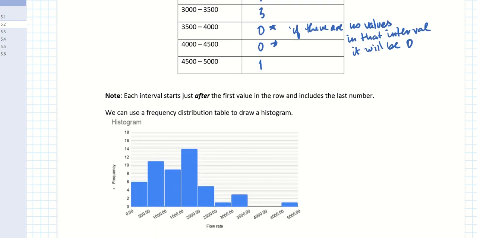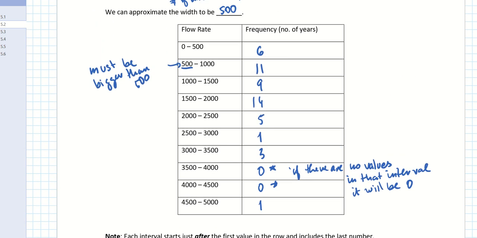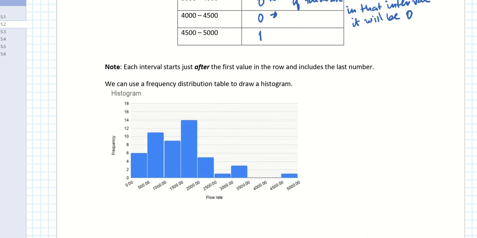Again, the frequency goes on the y-axis, so it counts how many bins or how many values fall into this category. So this is your y-axis, and this is going to be your x-axis. Okay, so that's what we see here in this histogram.